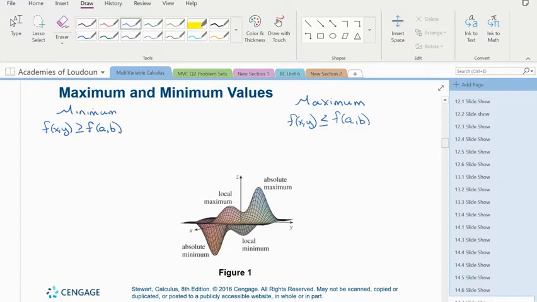We know that a function of two variables has a local maximum at (a, b) if our function value f(x, y) is less than or equal to f(a, b) when (x, y) is near (a, b).